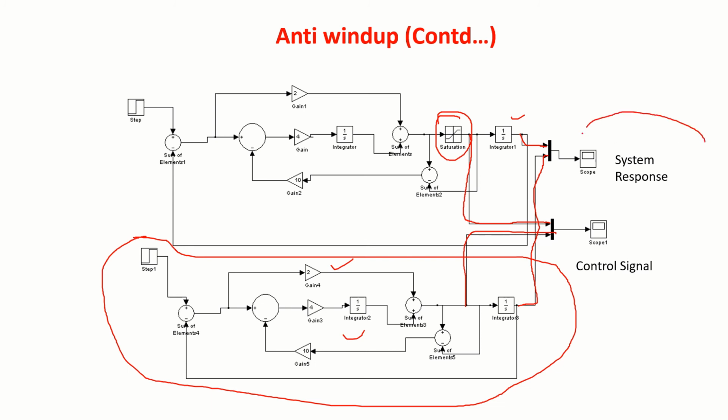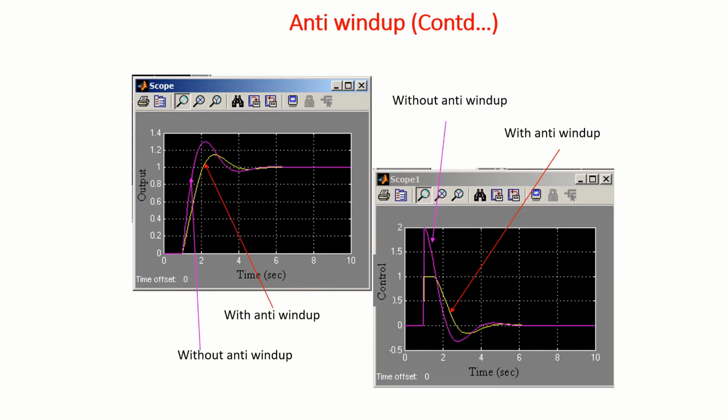So you can see the system response with windup and with anti-windup, and the same for the controller signal. You see here, this is the response without anti-windup and this is with anti-windup.